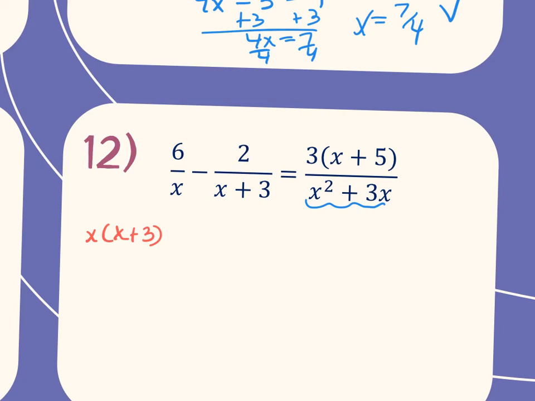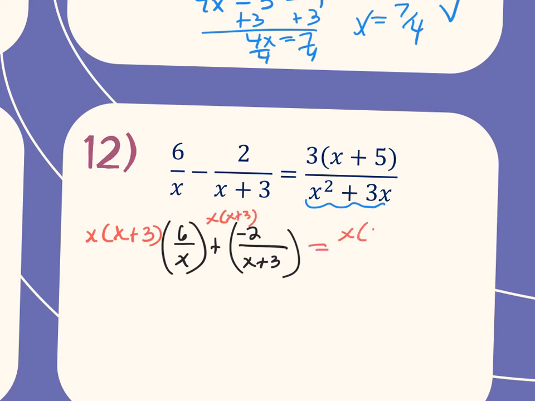And let me rewrite each part of the fraction. And then again, put the LCD up here. And then again, this last piece, 3x plus 5 over x squared plus 3x.